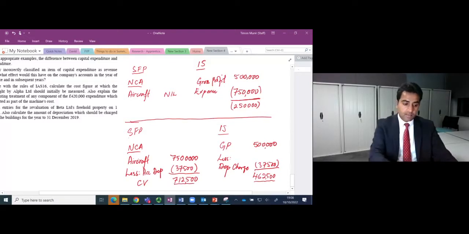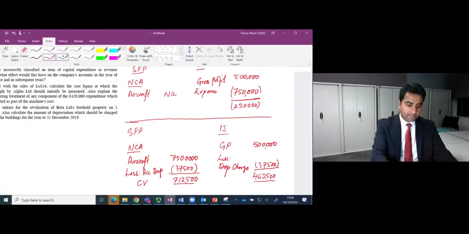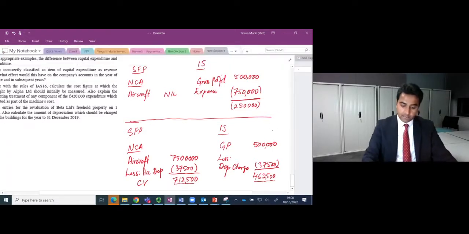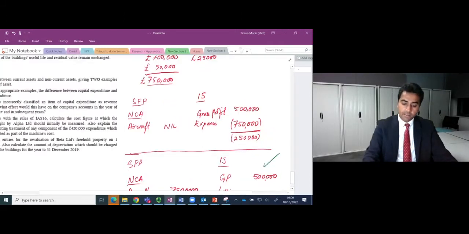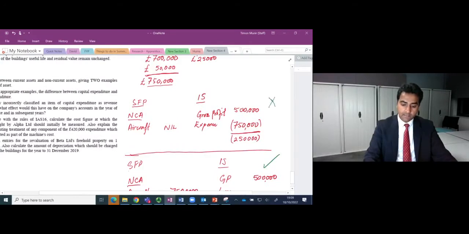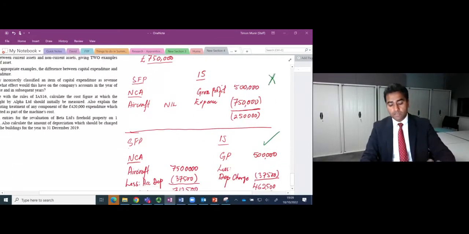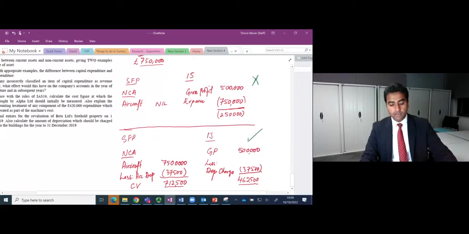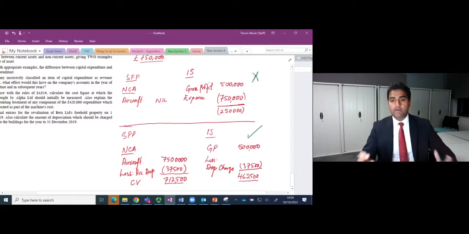This would have been a better, the correct situation of our financial statement, with a profit and non-current assets with a carrying value of 712,500. So this is an incorrect representation. So you can see that with just one mistake of the accountant, the whole picture of the financial statement has changed.